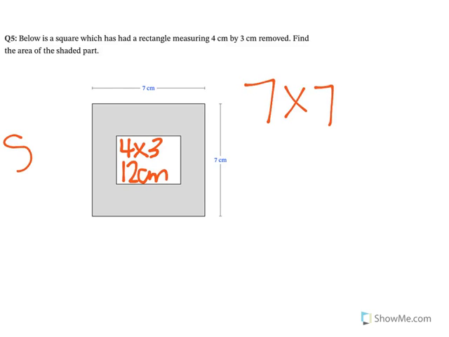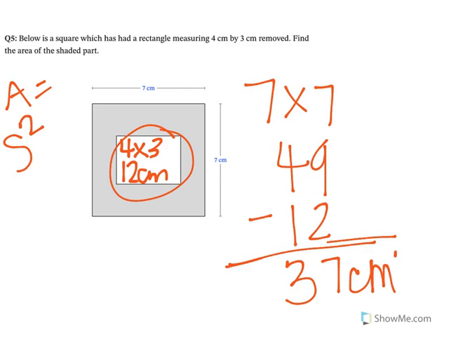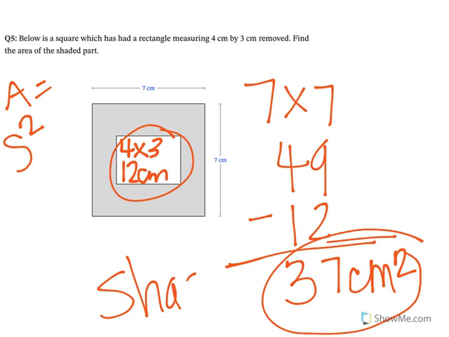Area equals side squared, so we get 49, and then we have to take away the 12, this middle part. So our area is 37 centimeters squared, and this is just for the shaded region.